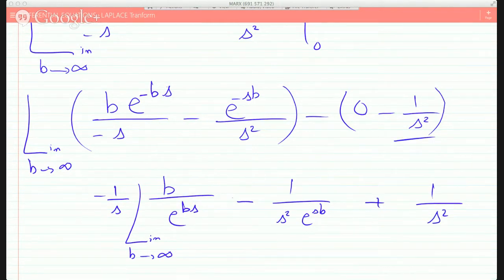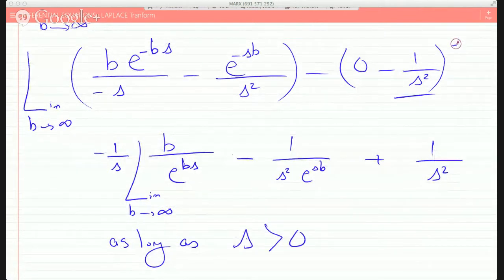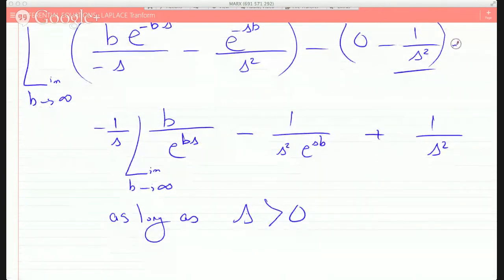Now, as long as s is greater than 0, those two limits go to 0, because the exponential part grows much faster than the b as b goes to infinity.